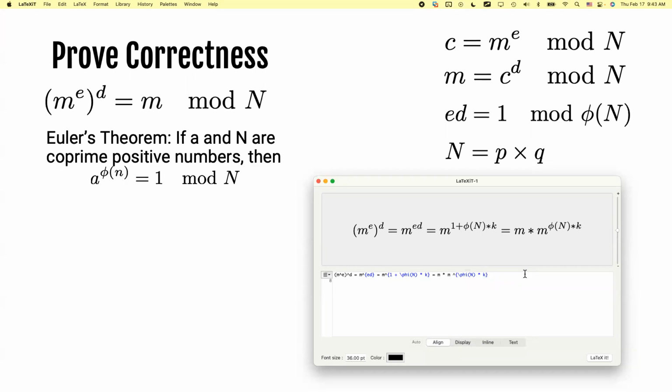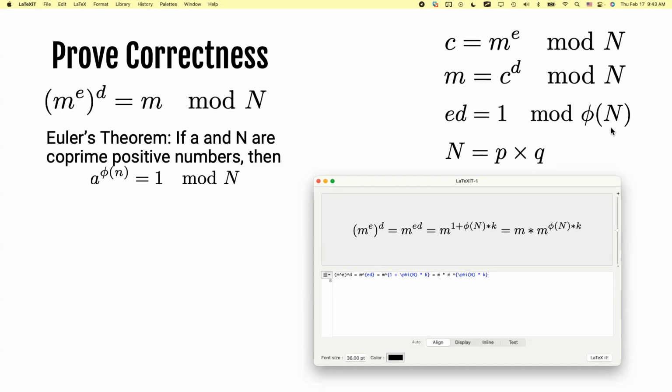And then people ask why wouldn't it just be m to the 1, I guess you mean why is there the k over here, why not just remove this k? That's because when we have ed equal to 1 mod phi of n, it doesn't mean that ed is directly equal to the sum of 1 and phi of n.